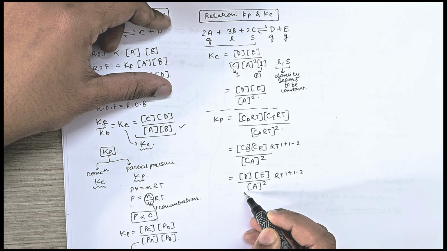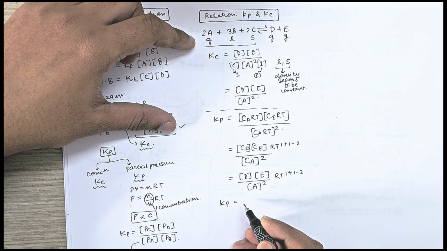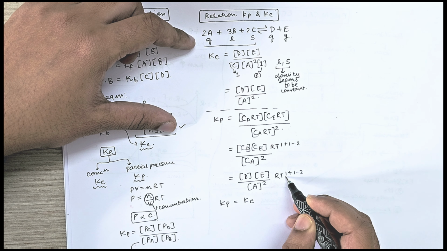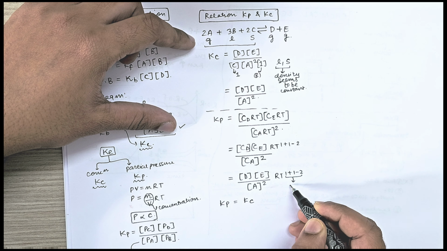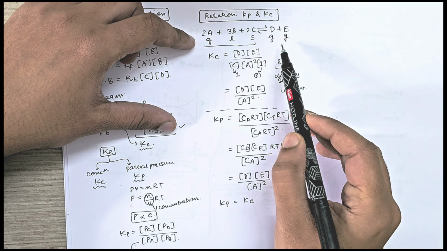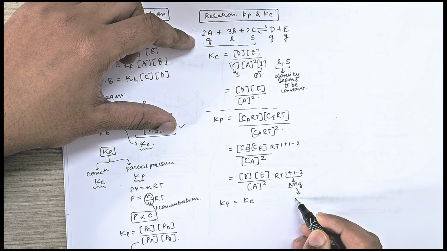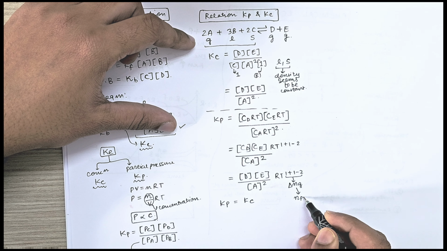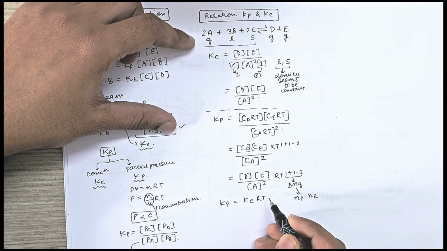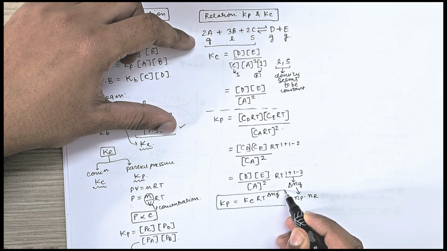So here you can see this becomes Kc, so you can write Kp equals Kc multiplied by RT, and the moles are getting cancelled, so you can write it as delta Ng, because you are taking gaseous components basically. Delta Ng implies the moles of product minus the moles of reactant, so you can write it as Kp equals Kc(RT) to the power delta Ng. This is the relation between Kp and Kc.